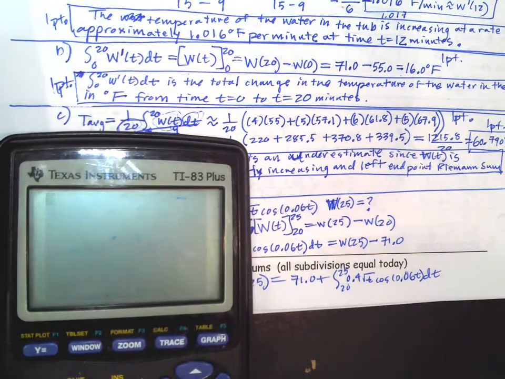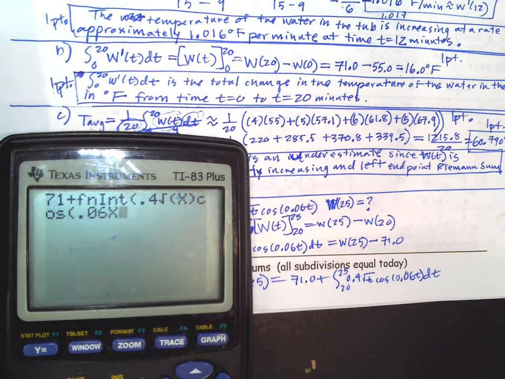So I'm going to do this on my calculator. We could do this all at once, or you could do it as two separate calculations. But we could do it all at once. 71 plus, on the home screen, Math, 9.4 square root of x cosine of 0.06x.